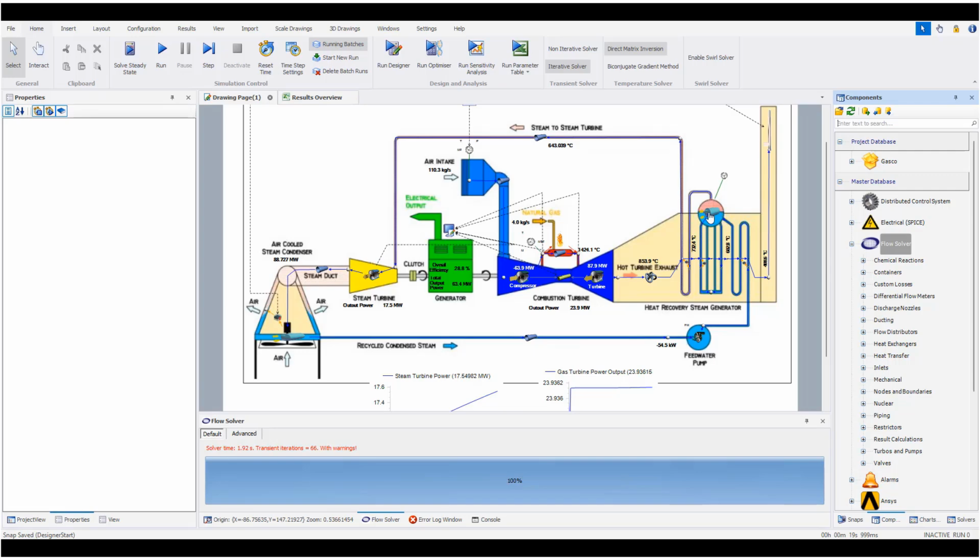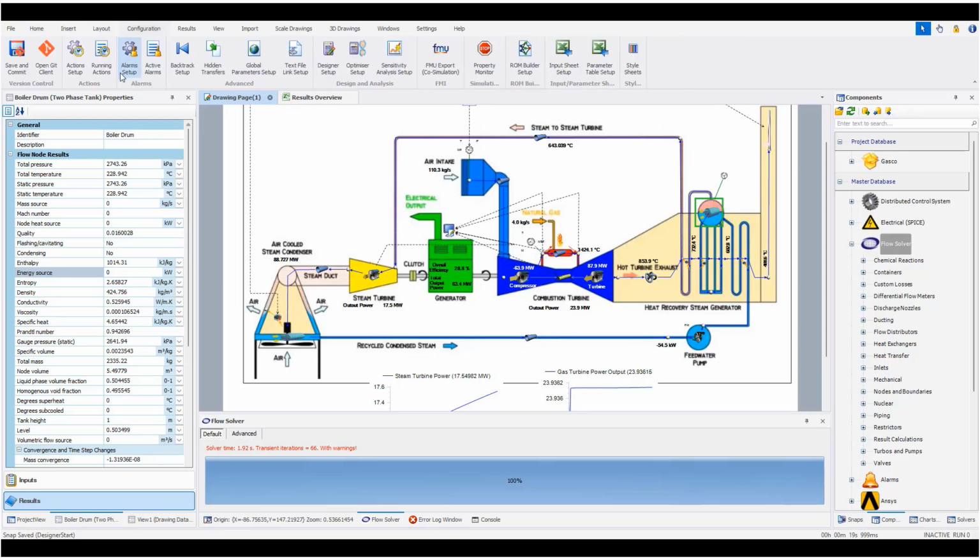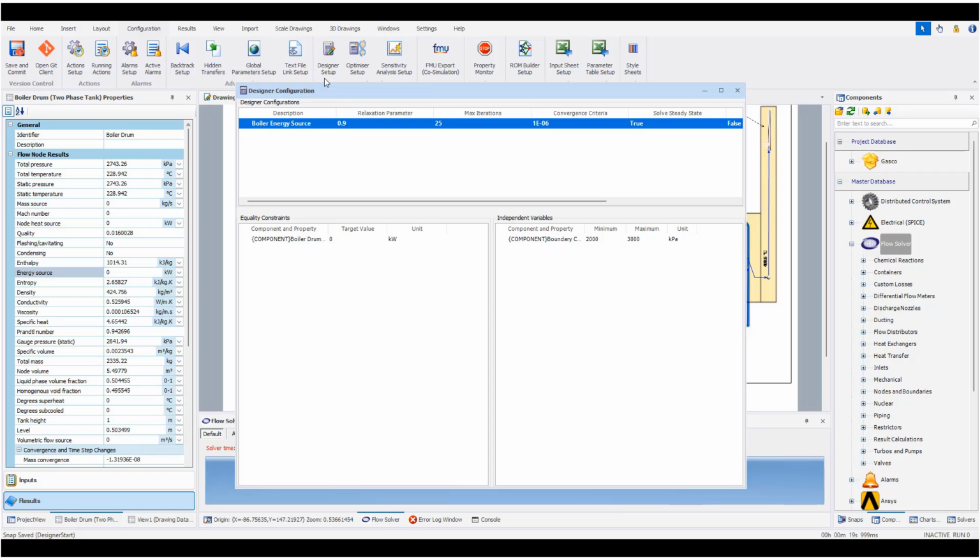Be sure that after running the steady state solution you have zero energy source, because we don't want a non-zero energy source when optimizing the boiler system. In this way I just use a designer that is implemented. I just come here, go to the designer setup.